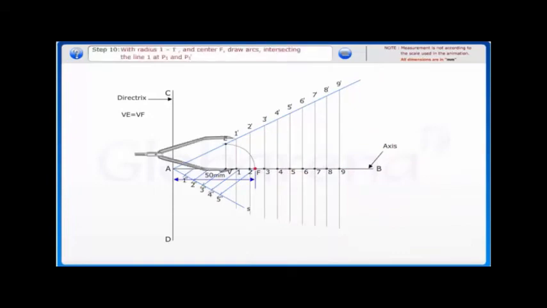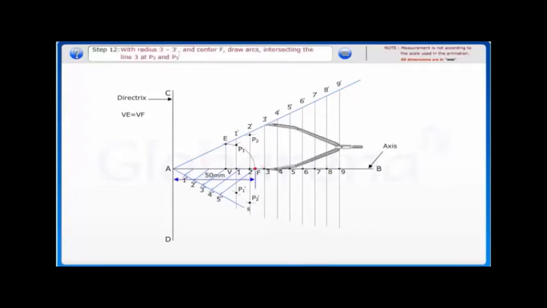With radius 1-1' and center F, draw arcs intersecting the line 1 at P1 and P1 dash. With radius 2-2 dash and center F, draw arcs intersecting the line 2 at P2 and P2 dash.